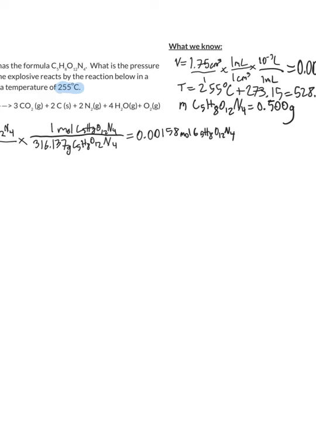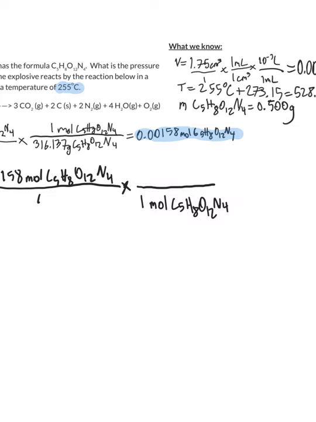So first, for each of these, we're going to start with 0.00158 moles C5H8O12N4. And then, for the first one, we'll do CO2, and we will use the ratio of 1 mole C5H8O12N4 to 3 moles CO2 to get 0.00474 moles of CO2.